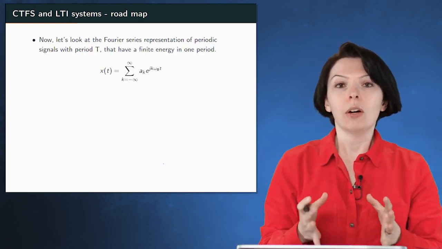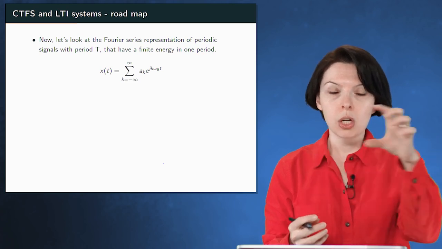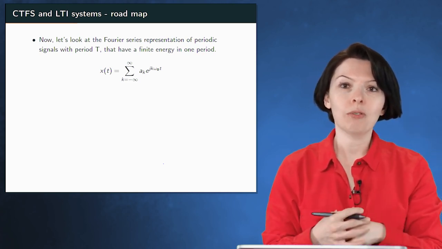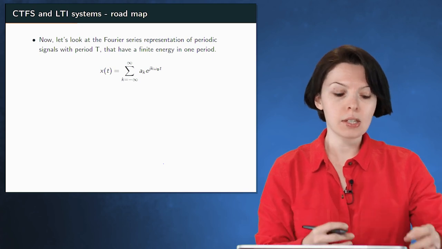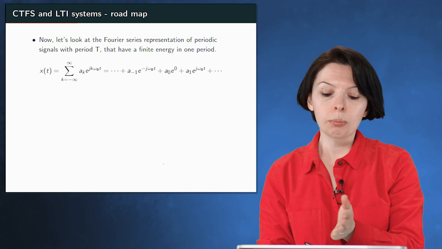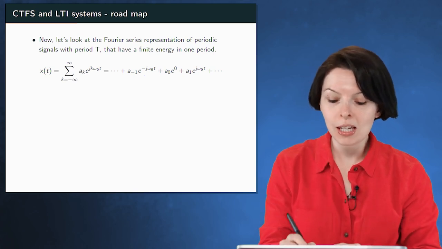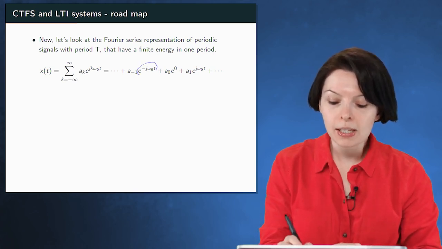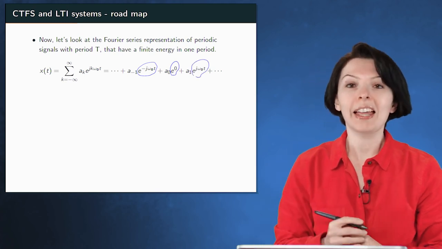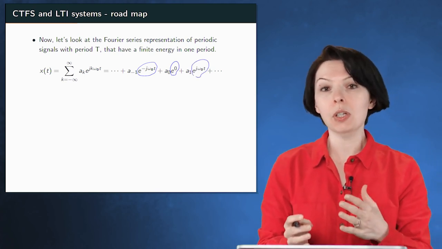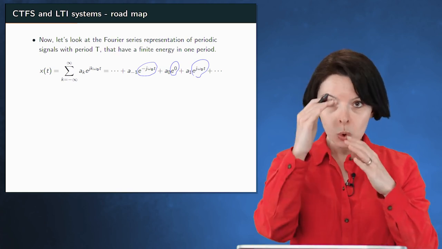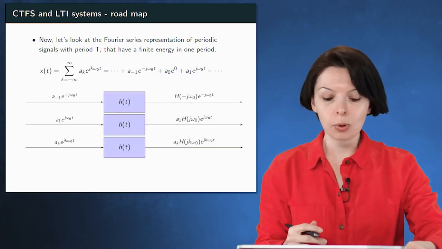Okay, so now let's look at the Fourier series representation of a periodic signal with period T that has finite energy in one period. We had the synthesis equation before, and I'm going to write the components of it. As you can see, x of t has several of these complex exponentials, and I know how I can calculate the response of the LTI system to each one of these complex exponentials.